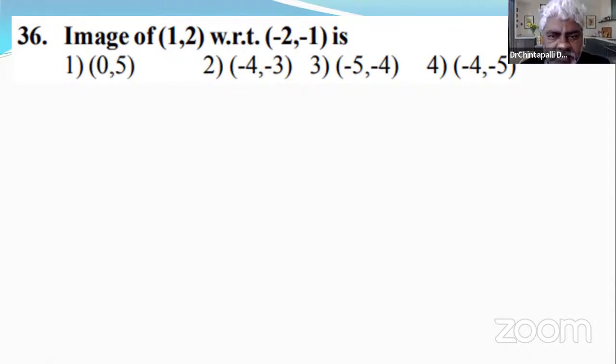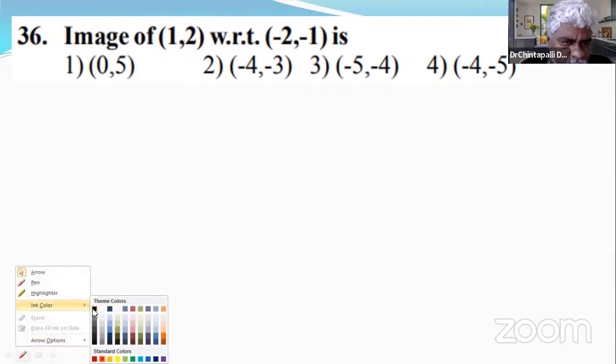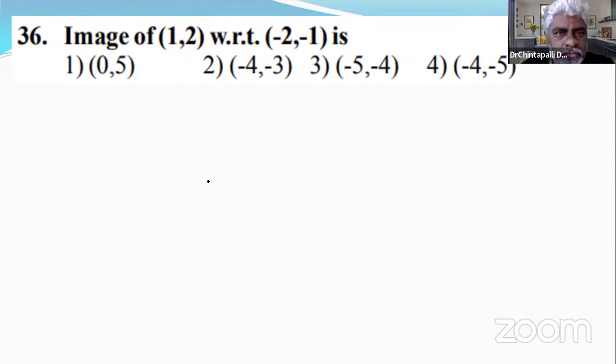The question is: image of (1,2) with respect to (-2,-1).